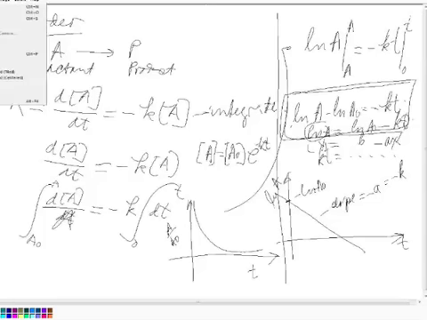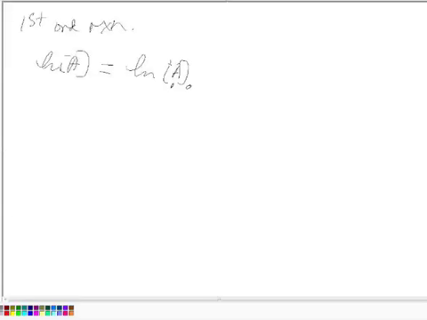We already have that for a first order reaction, ln A is equal to ln A0 minus Kt.